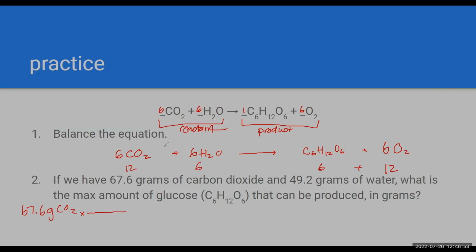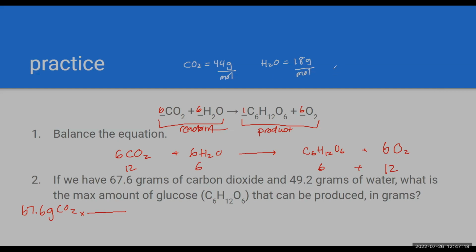And for simplicity, I'm just going to say carbon dioxide, and I'm going to write it up at the top. I'm going to say carbon dioxide has a mass of about 44 grams per mole. I'm also going to say water has a molecular weight of about 18 grams per mole.